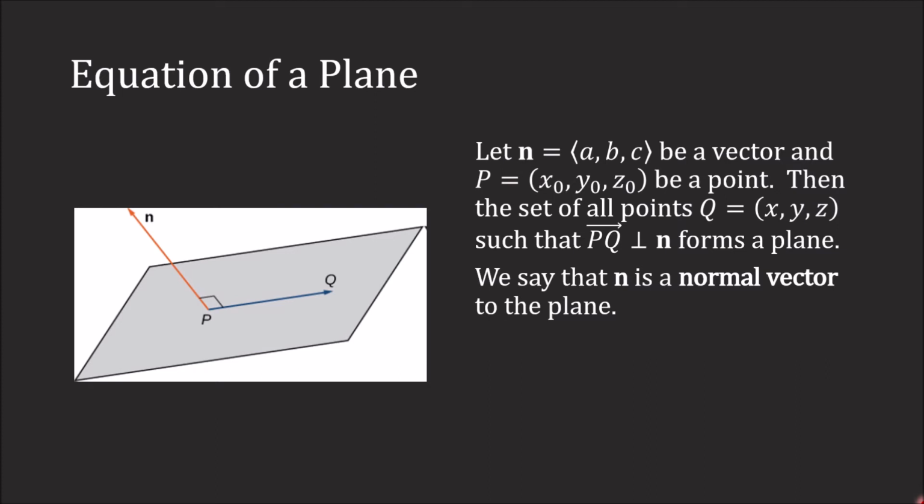This is just another way of saying that it's orthogonal, it's perpendicular. So when we talk about lines, we use perpendicular. When we talk about two vectors, we use orthogonal. When we talk about a vector and a plane, we use normal.